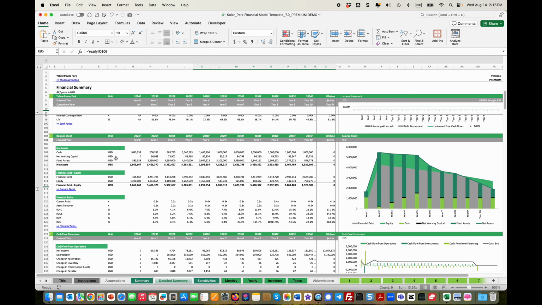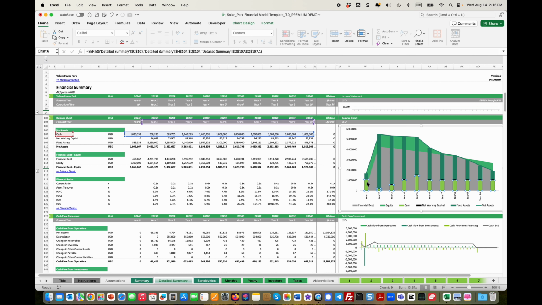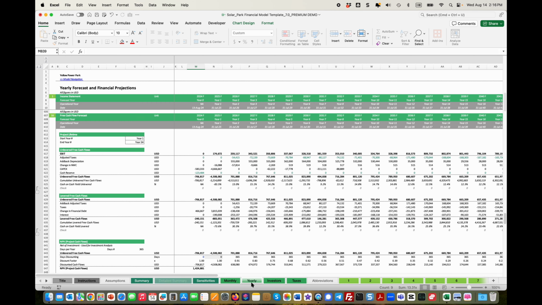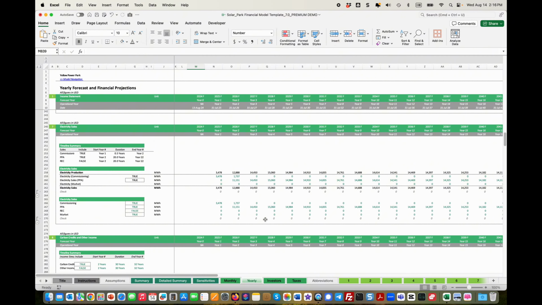Balance sheet, we have a look at. So here you can see we generate quite some cash, and you see at the beginning we have cash, and then it's all being used to invest in the park. Then here we start to service the debt, we have some excess cash, we build up a cash reserve, and then here you can see it's always stable, because as of year 6 we're starting to pay out dividends.